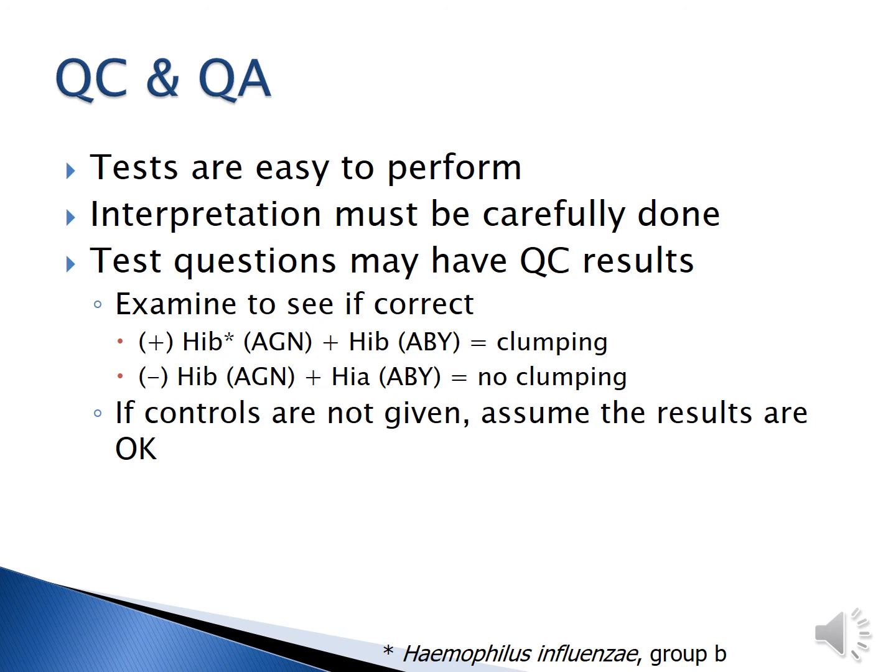Remember, when testing for my exams, typically I will give you QC results. Pay attention to those QC results. If the QC results are invalid, then that means the test is invalid. If controls or QC is not given, then assume the results are okay.